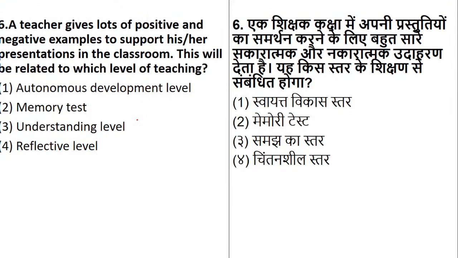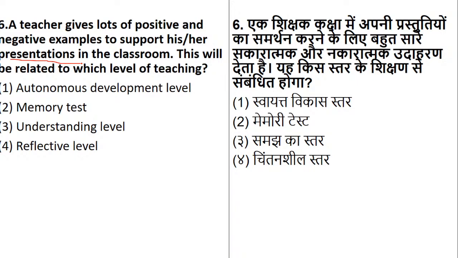Okay, now let's go to question number 6. A new update to everyone. That's the reason I purposely brought this question. A teacher gives lots of positive and negative examples to support his or her presentations in the classroom. Presentations means concept. So the teacher is explaining a concept and giving a lot of positive and negative examples to clear the concept.